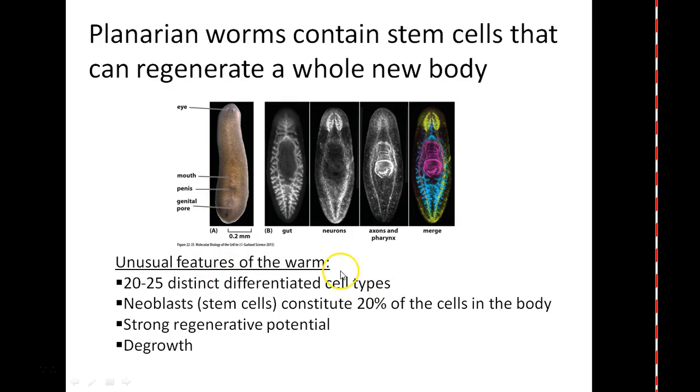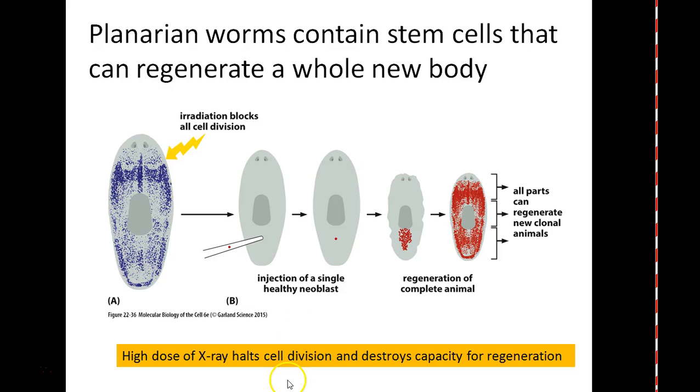And importantly, it has as much as 20% of stem cells in this simple body. So they are called neoblasts, and they constitute 20% of all of those cells in this worm. And they have amazing regenerative potential. And what researchers did with this worm was quite amazing.